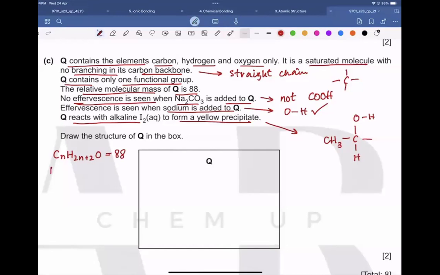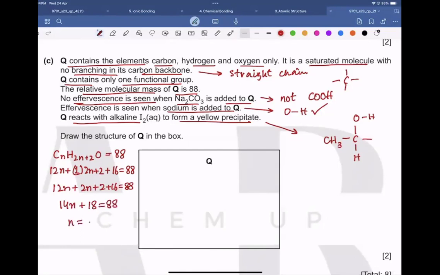Now, the Ar of carbon is 12, so 12n, plus hydrogen is 1 times 2n+2, and for oxygen it's 16, equals 88. So it becomes 12n + 2n + 2 + 16 = 88. If I add them, I get 14n + 18 = 88.